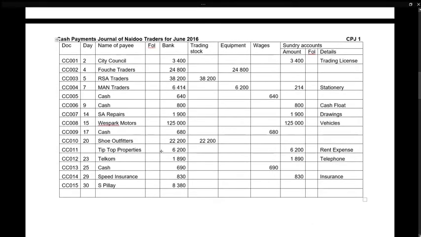They did not provide a column for salaries, therefore we're going to take it to sundry accounts, 8,380 Rand, and it will go to the salaries account. You might be tempted to put it under the wages column, but you can't. Remember, wages informal, salaries formal.